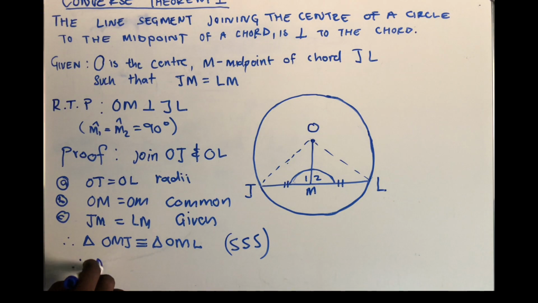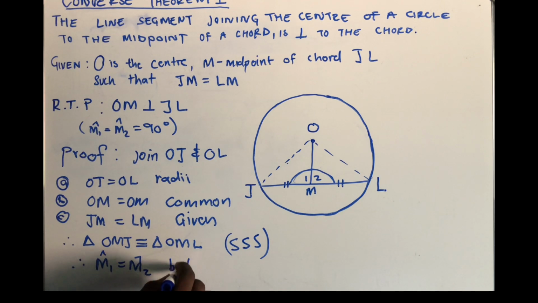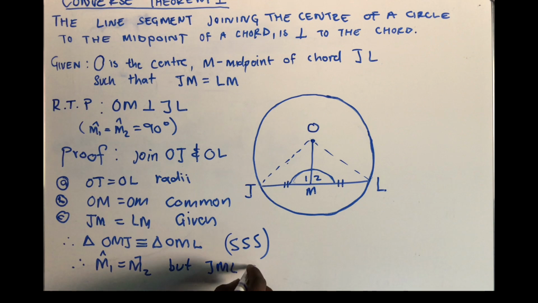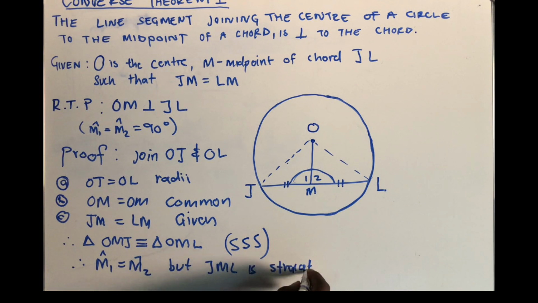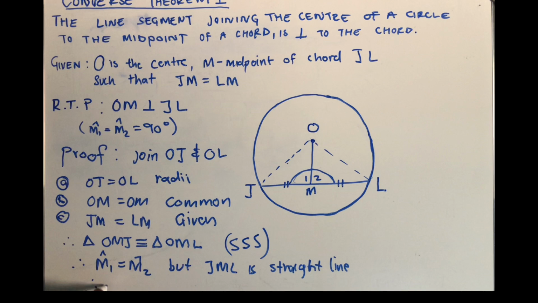So angle M1 is equals to angle M2. But JML is a straight line. Therefore, angle M1 is equals to angle M2, they are equals to 90.